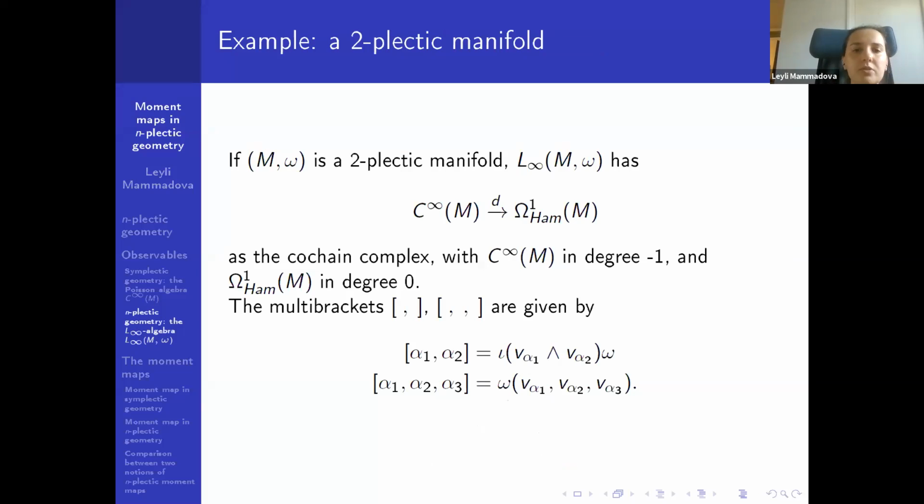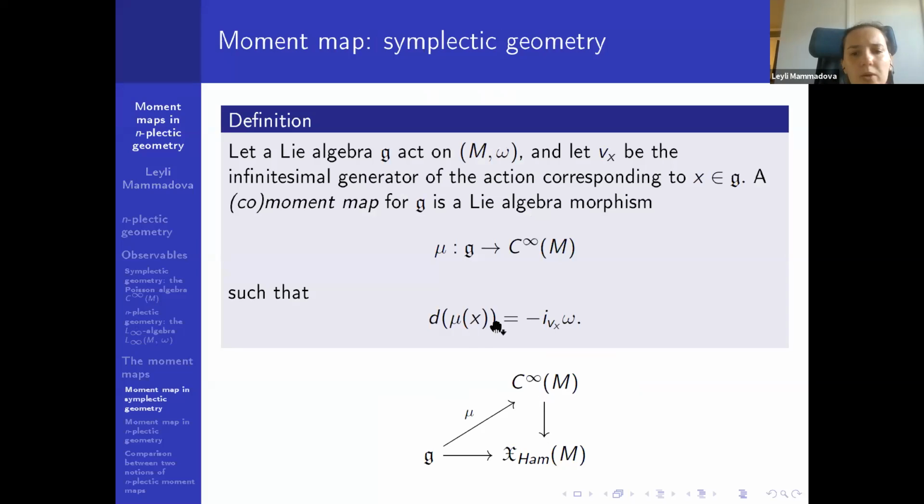All right, okay, right. So now that we have the L-infinity algebra of observables, we can go on to define moment maps. I will start from the symplectic moment map. You probably remember this, but I just want to remind you and make it consistent with the definition of homotopy moment map that I will introduce later.